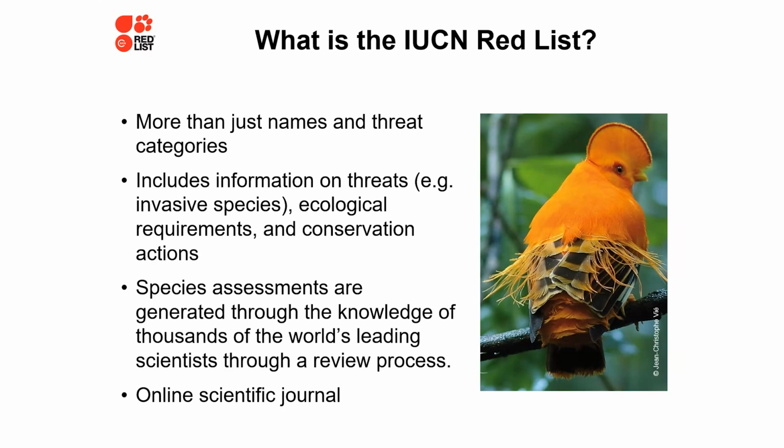Not so long ago, it was officially recognized as an online scientific journal. All the published assessments are listed on the IUCN Red List website and are available as PDFs with unique digital object identifier numbers.